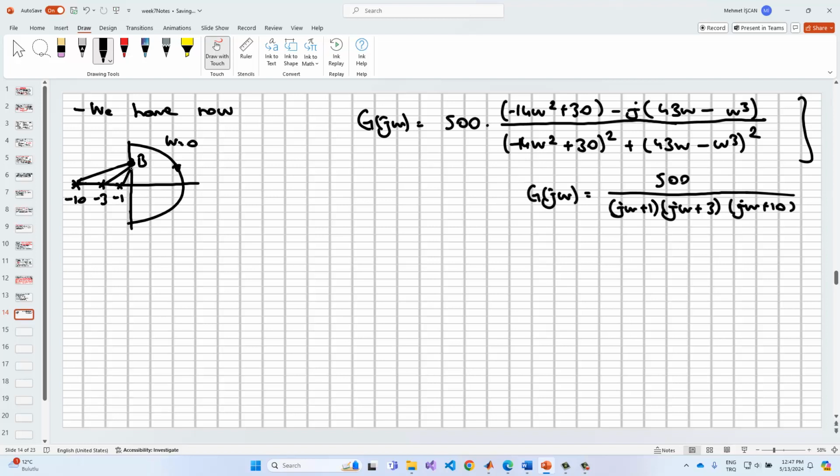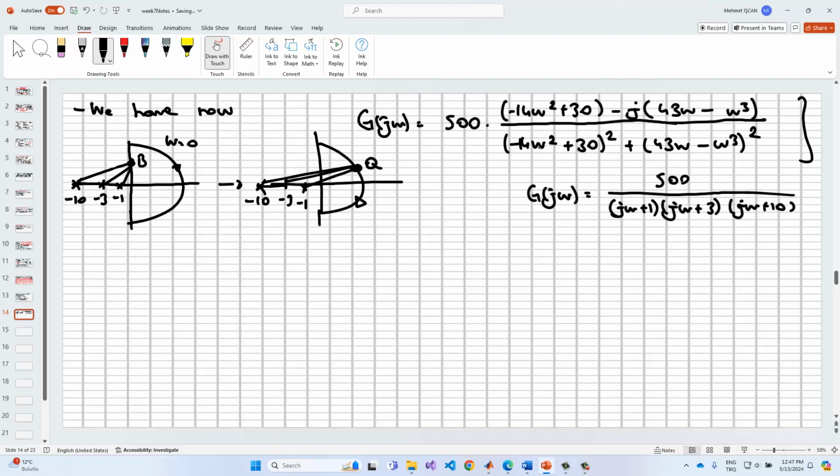And so we can draw the lines here just like this one. But in the frequency concepts, we can say that if our system is stable and we have this contour, then minus 10, minus 3, and minus 1 should be given here at the last place. For example, this is the Q.